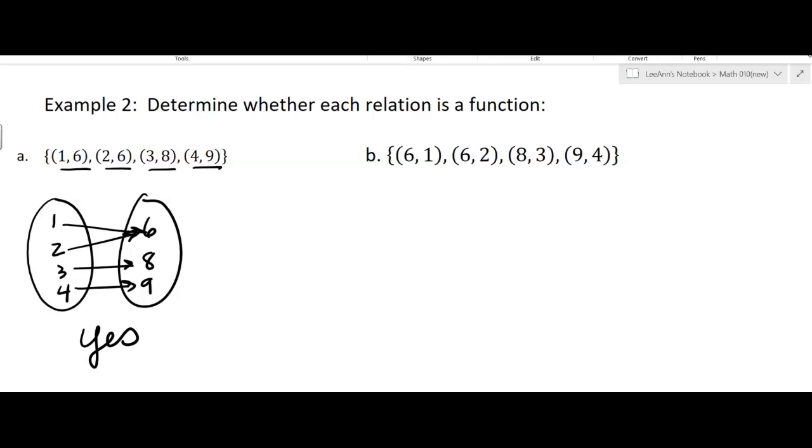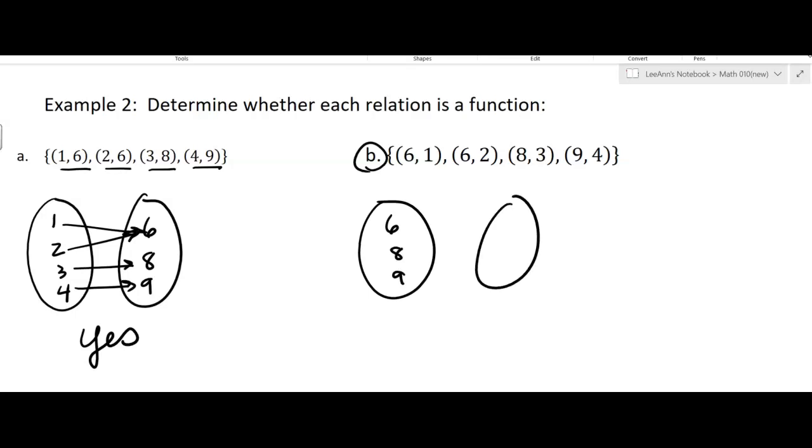All right, now we have this other relation. So what do we have in the domain? 6, 8, and 9. What do we have in the range? 1, 2, 3, 4. Okay, so 6 maps to 1, 6 maps to 2. Okay, it's not a function because 6 is going to 2 places, so no, not a function.